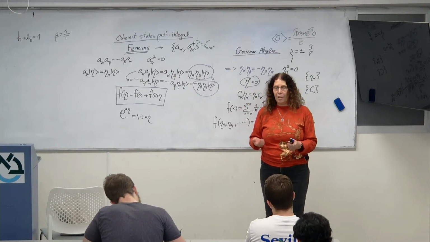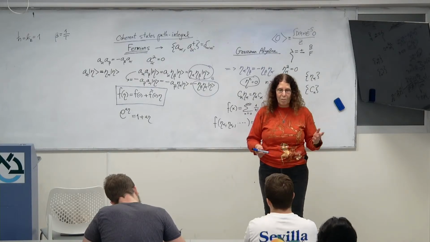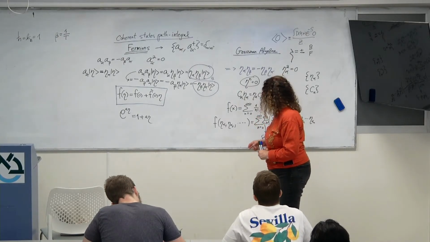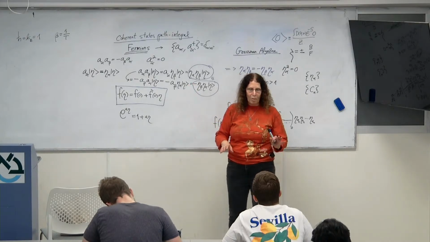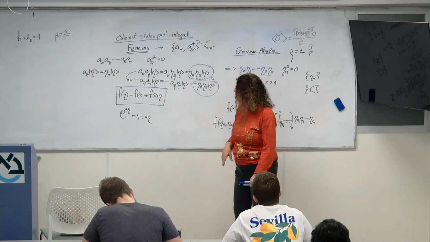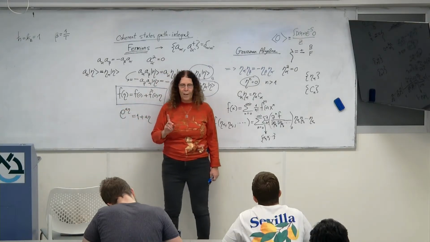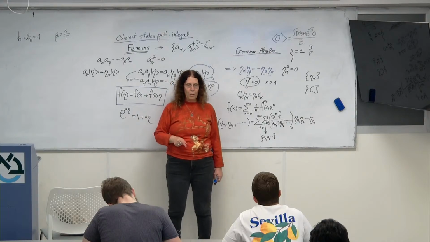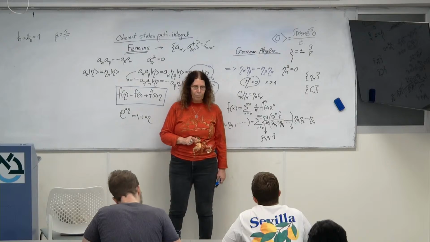Addition is easy. Taylor expansion, and division we don't need. But the next thing we need to define is a derivative with respect to a Grassmann variable.